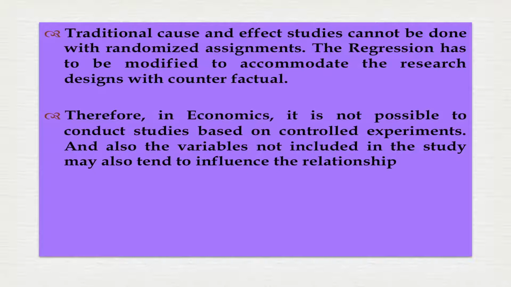Therefore, in economics, it is not possible to conduct studies based on controlled experiments, and also the variables not included in the study may tend to influence the relationship. It would be impossible to predict y only with the help of x.